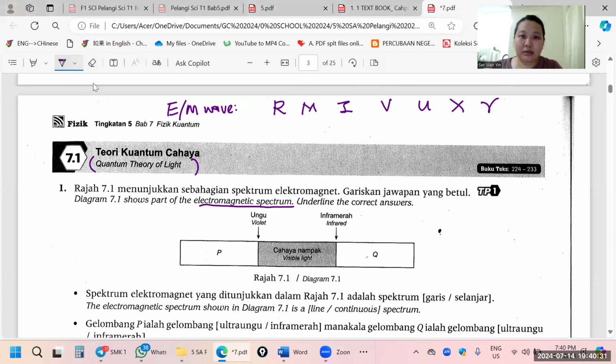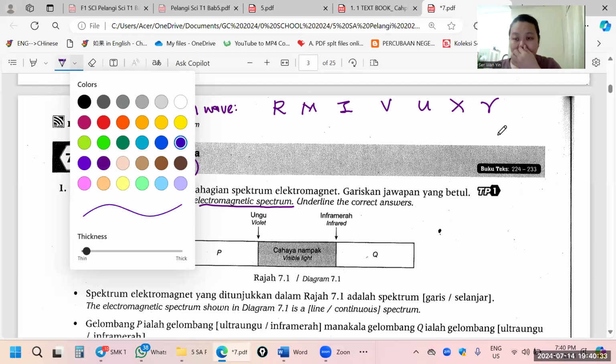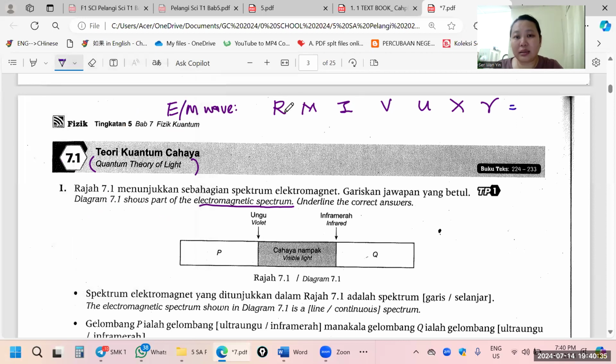Okay, so how to remember? What is the meaning of this sentence? RM means Ringgit Malaysia. I love you because X gamma coming. V actually means visible light because Roy giving birth.